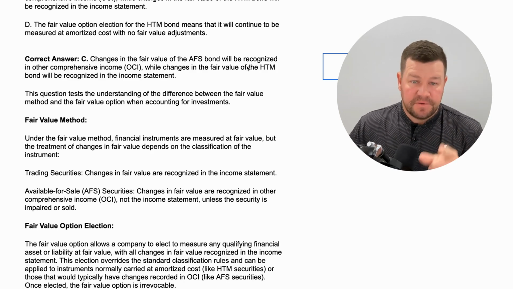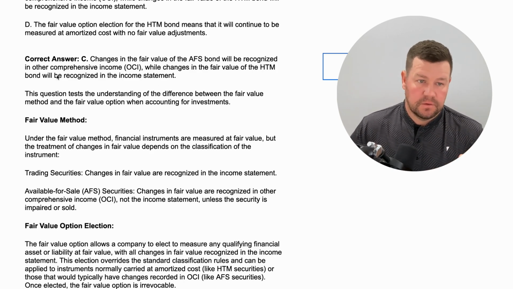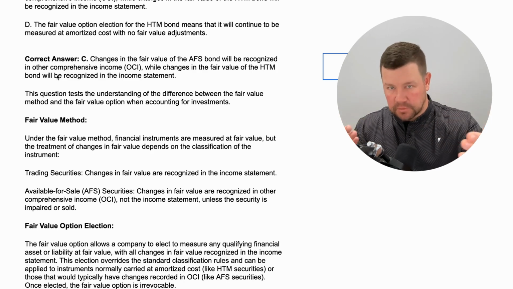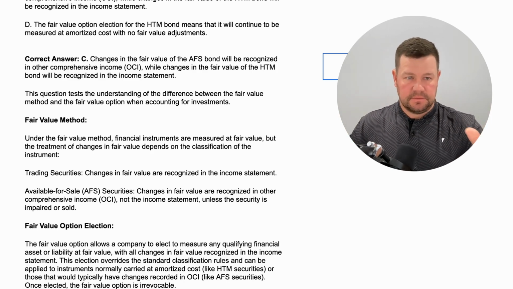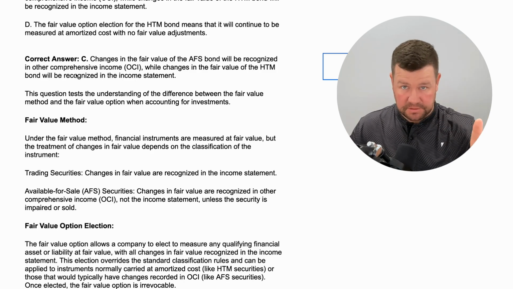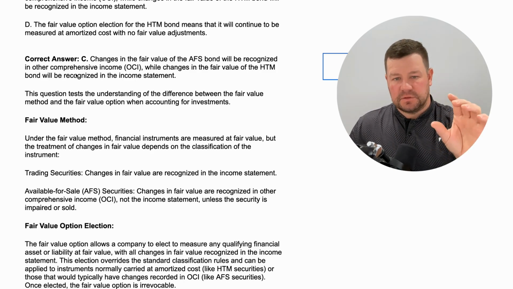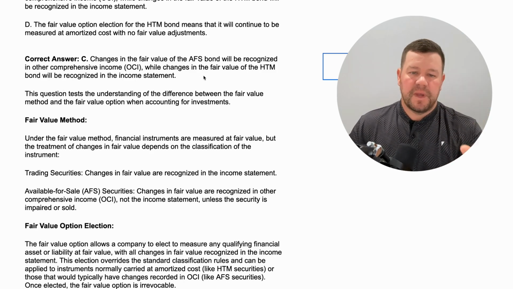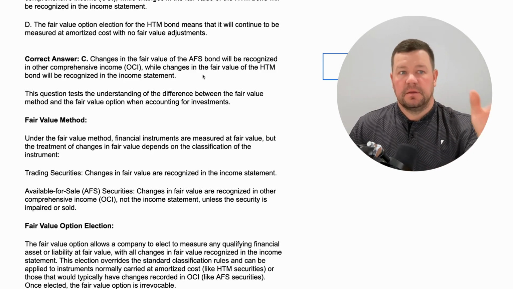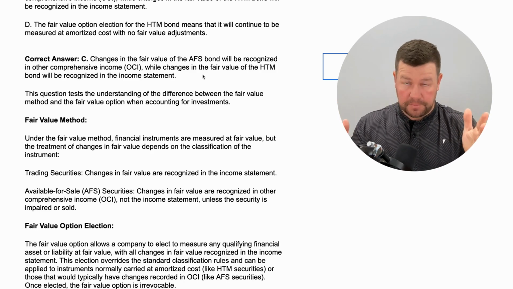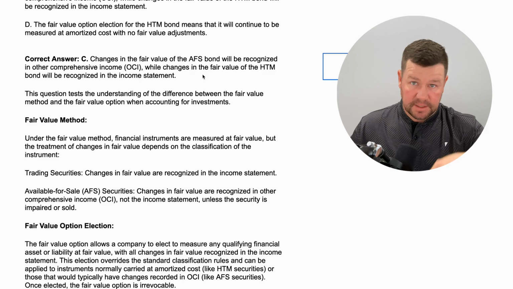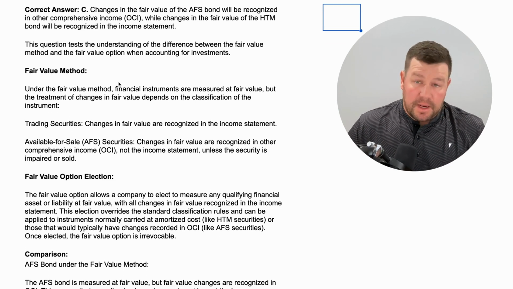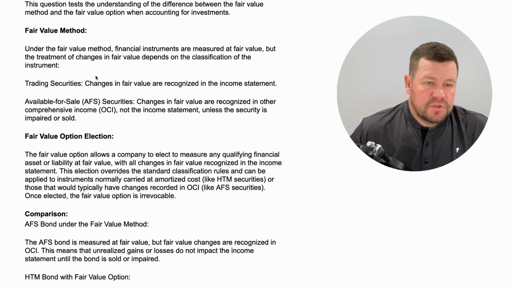While the changes in the fair value of the HTM bond, which we are now, XYZ company, they've elected the fair value option. The difference is that once you make that election, any changes in the fair value of that investment at the end of the reporting period is reflected in the income statement, not OCI.